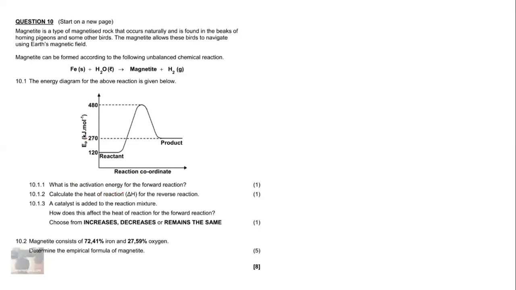Activation energy is the minimum energy that is required for a reaction to take place. That energy will make this reaction start. That's the activation energy. So what is the activation energy for the forward reaction?